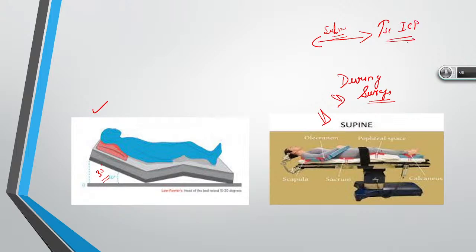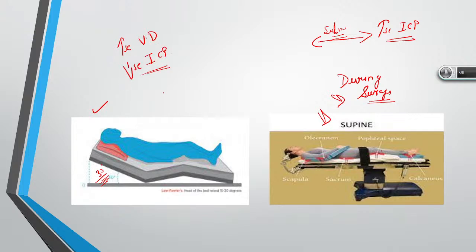Whenever there is increased pressure, that can also lead to brainstem herniation or other conditions. So we will recommend that the head end of the bed is elevated up to 30 degrees to increase venous drainage and decrease the intracranial pressure.